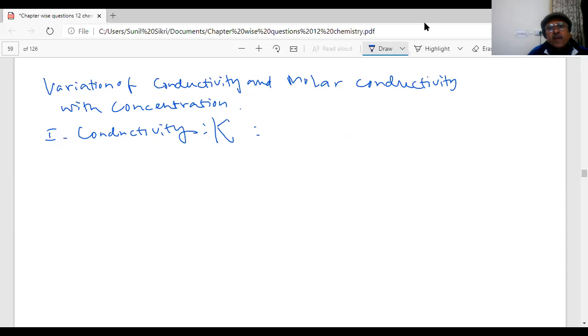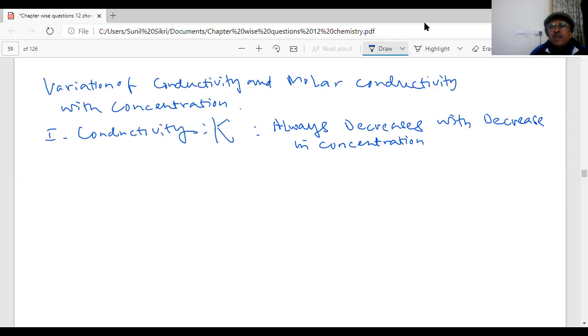The answer: conductivity always decreases with decrease in concentration. Conductivity is that of 1 centimeter cube of solution, and the number of ions per unit volume will decrease if I decrease the concentration.